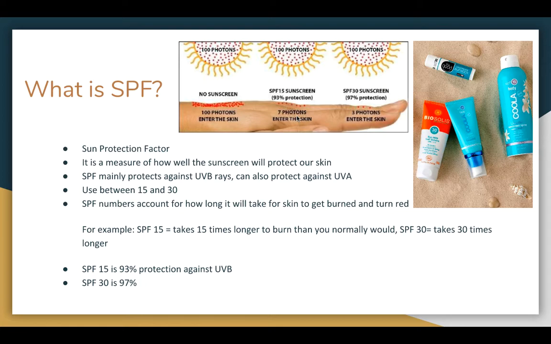Only 7 photons are entering the skin. And then if you have SPF 30 and it's 97% protection, you have 3 photons that are actually entering the skin. So you can see how big of a difference it makes when you're actually wearing sunscreen. It protects your skin immensely and can prevent a lot of potential damage. So that's why it's so important, and that's why using SPF 15 or 30 is probably the best way to go.